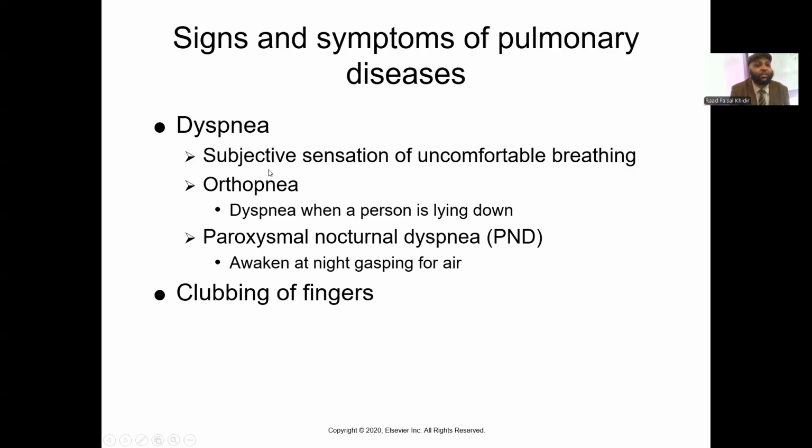Dyspnea is a form of a symptom where the patient is uncomfortable breathing. Orthopnea is when you have difficulty breathing while you are lying down. That's a special and different type of sign and symptom. Are we clear?